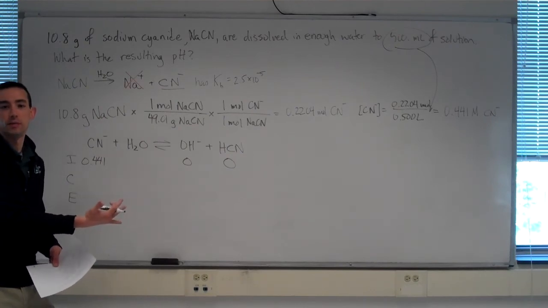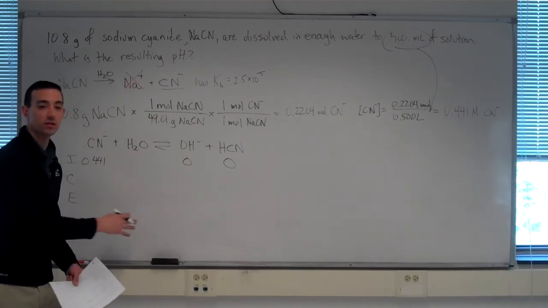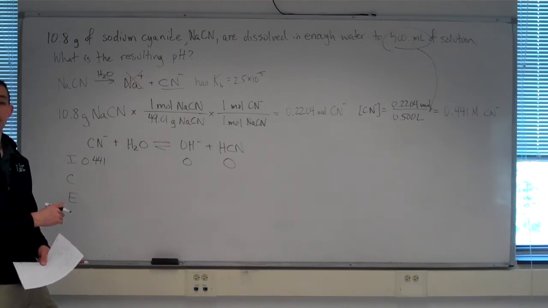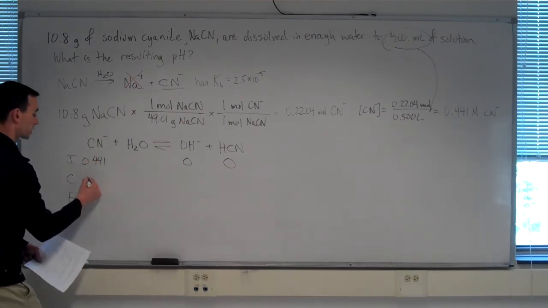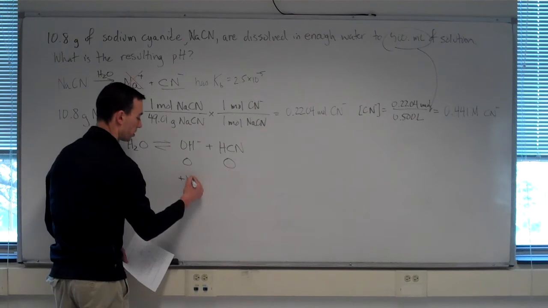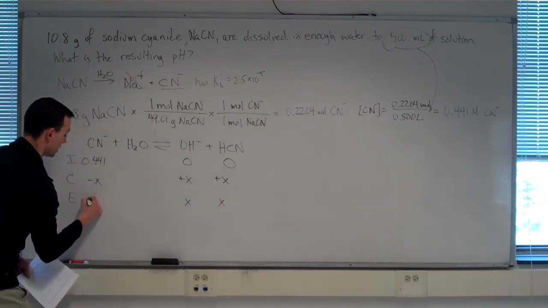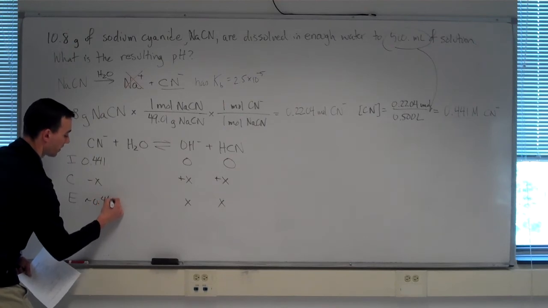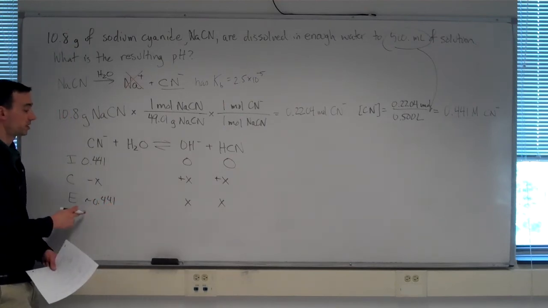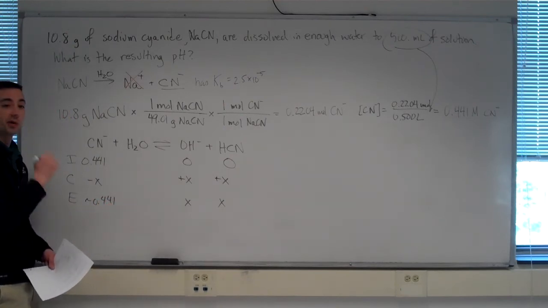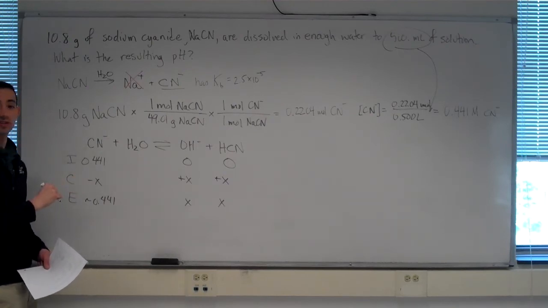We don't need it, so we just don't need to write anything for it. Okay? That's fine. All right, what's going to happen? Minus x, plus x, plus x. So these are each x's. Our K is small enough, especially compared to this starting value, that we can ignore the loss of x on the cyanide side.